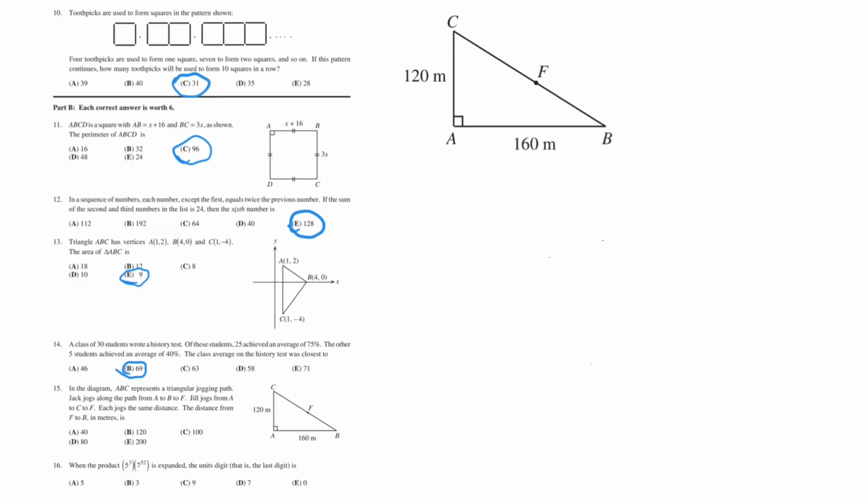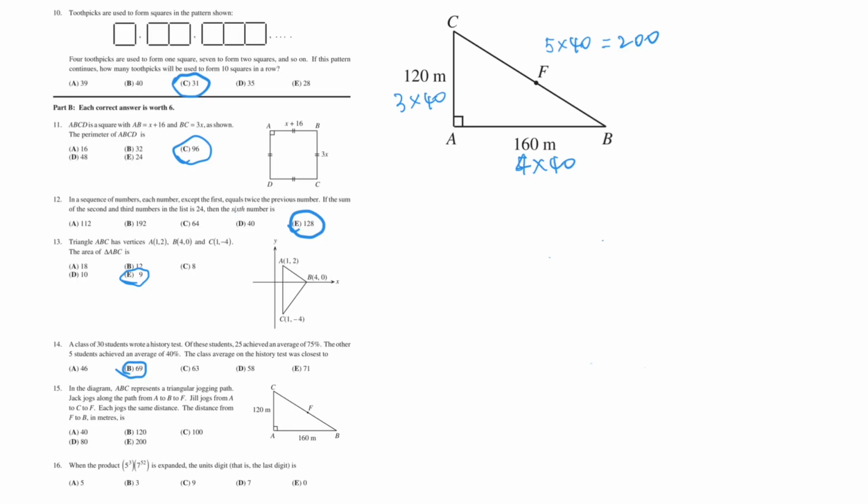AC is 120, that's 3 times 40. 160 is 4 times 40. So this is the Pythagorean triple 3, 4, 5. So CB will be 5 times 40, that's 200. So BC is 200.